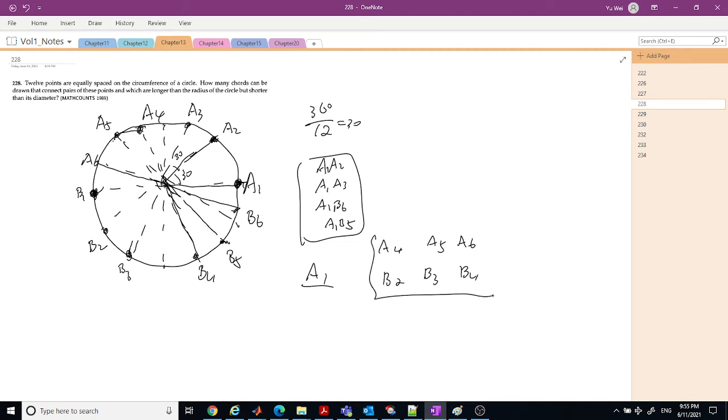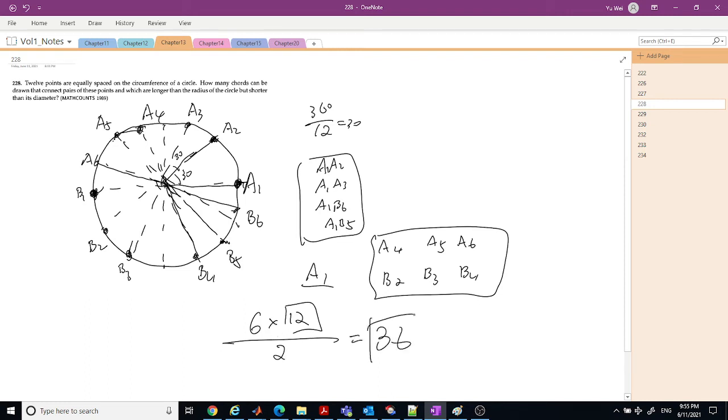So this is the points you can pick from A1. So it's the 6 points, and there are 12 starting points, and each segment you are counting twice, right? From either one of the vertices. So that's why you divide by 2. The final answer is 32.